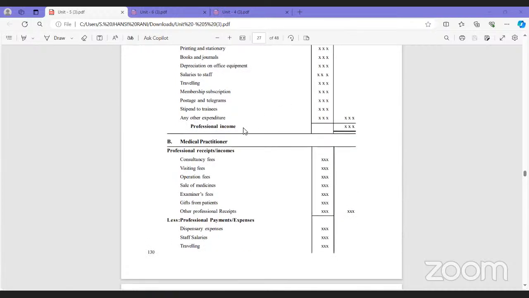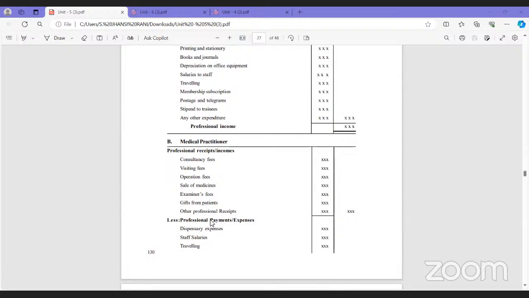Now, next, a medical practitioner, if he is a doctor and has his own clinic, not working under anyone, then his professional receipts will be consultancy fees, visiting fees, operation fees, sale of medicines, examiner fees, gifts from patients, other professional receipts. These all are receipts. And payments will be dispensary expenses.